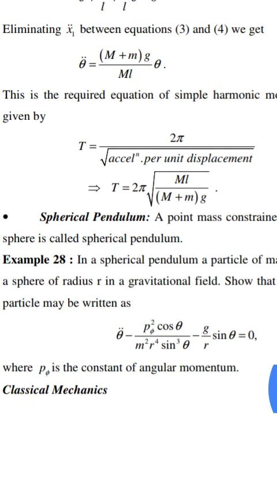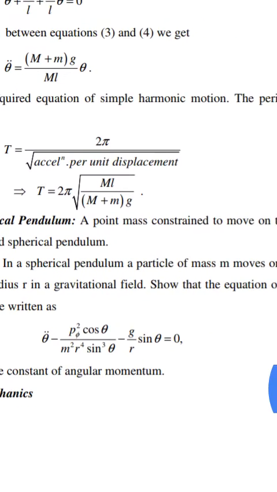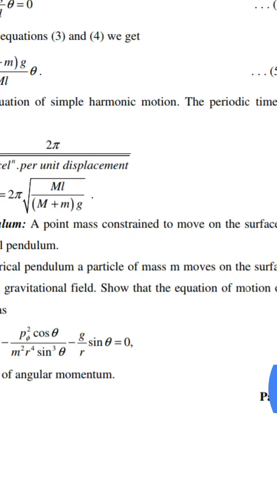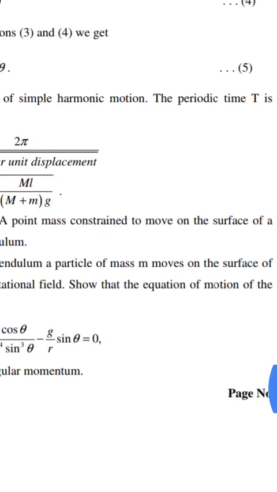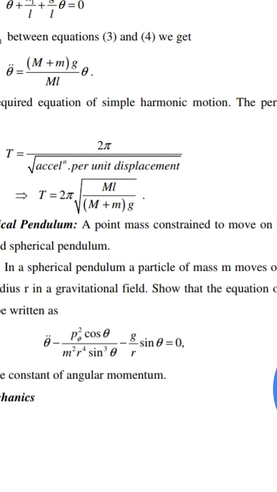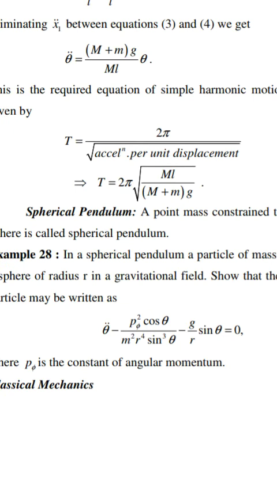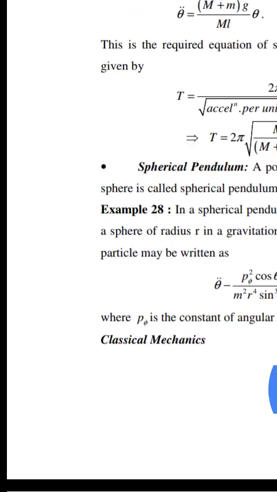This is the required equation of simple harmonic motion, and the time period T is given by T is equal to 2 pi divided by the square root of acceleration per unit displacement. Therefore, T is equal to 2 pi square root of Ml divided by (M plus m) g.